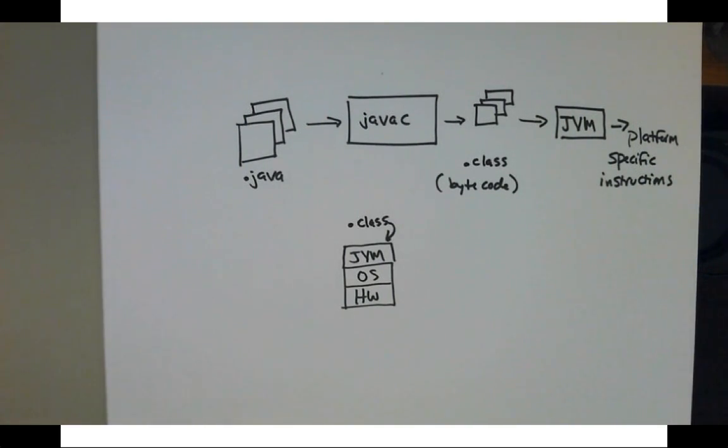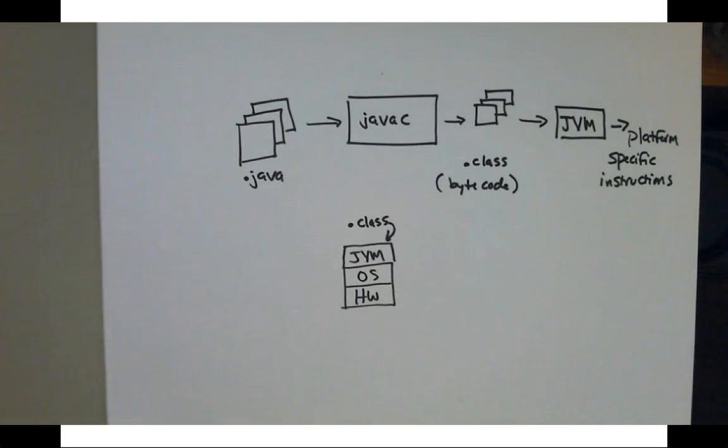So the bytecode in Java is very similar to machine instructions in other CPUs. Machine instructions in Java have an opcode, they have data, but it's specific to a virtual machine, not a real one. The JVM has an instruction set, a set of registers, a call stack, a heap space, a garbage collector.